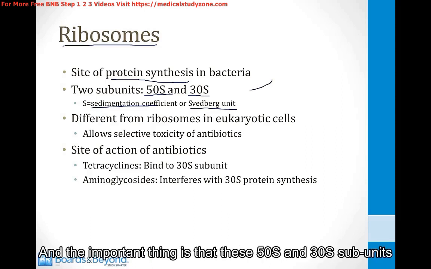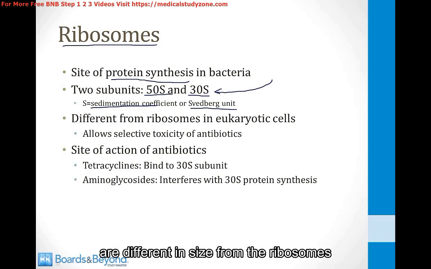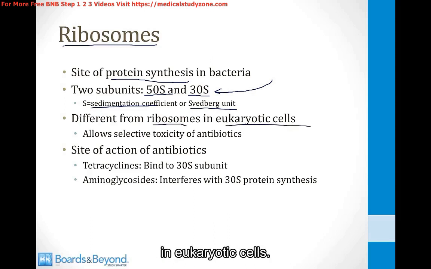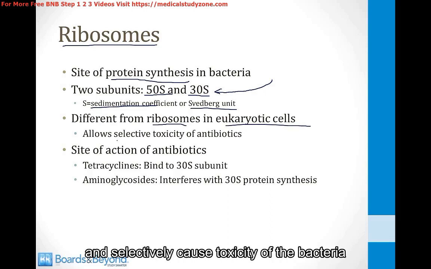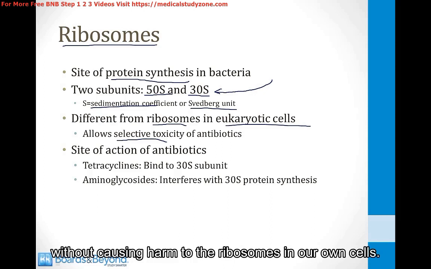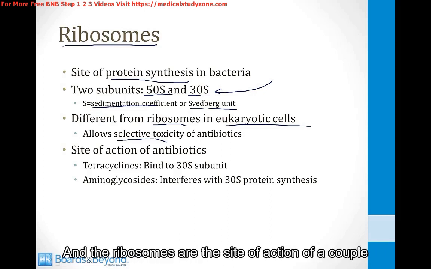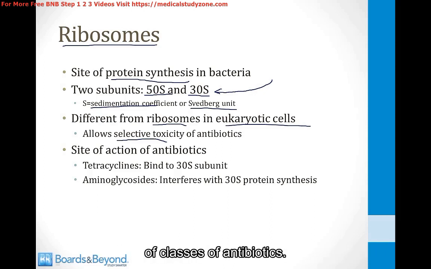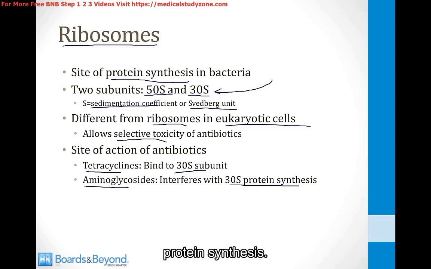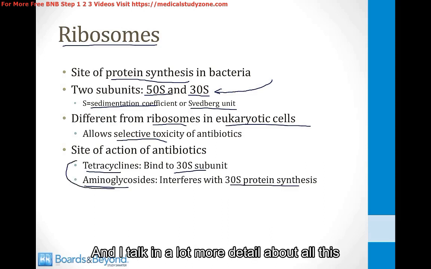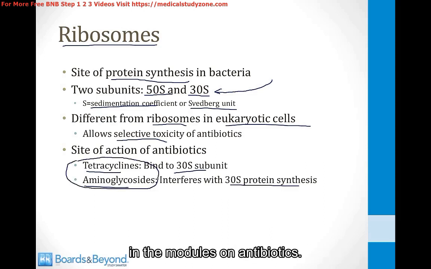And the important thing is that these 50S and 30S subunits are different in size from the ribosomes in eukaryotic cells, and this allows us to target them with antibiotics and selectively cause toxicity of the bacteria without causing harm to the ribosomes in our own cells. And the ribosomes are the site of action of a couple of classes of antibiotics. Tetracyclines bind to the 30S subunit, and aminoglycosides interfere with the 30S subunit's protein synthesis. And I talk in a lot more detail about all of this in the modules on antibiotics.